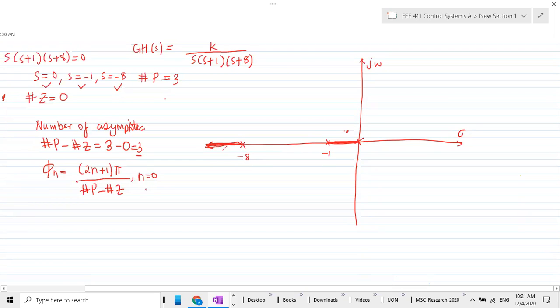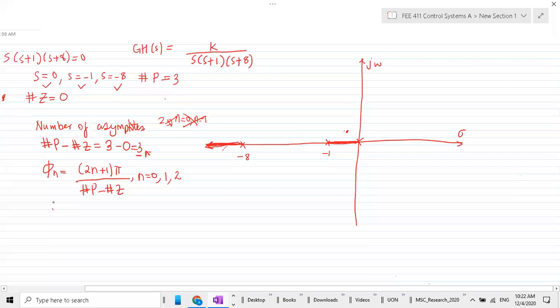So I'll have the first angle, n is equal to 0. Second angle, n is equal to 1. And third one, n is equal to 2, where 0, 1, 2 represent these three angles, or number of asymptotes. So let's say your number of asymptotes is 2, then you'll calculate for n equal to 0 and n equal to 1. Is that clear?